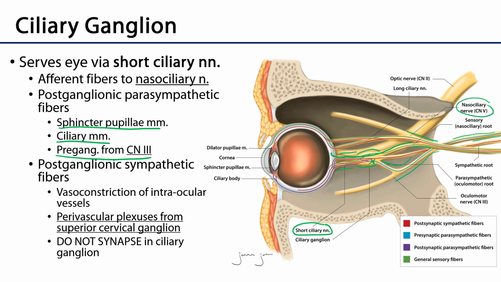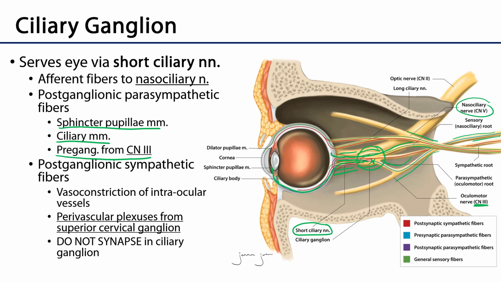And then the postganglionic or postsynaptic fibers are going out to serve the sphincter pupillae muscles and the ciliary muscles. So we go 3, preganglionic, ciliary ganglion, synapse, and then short ciliary nerves out to the sphincter pupillae and the ciliary muscles.